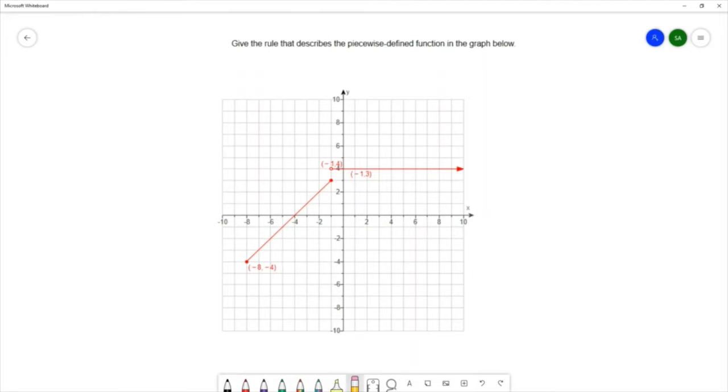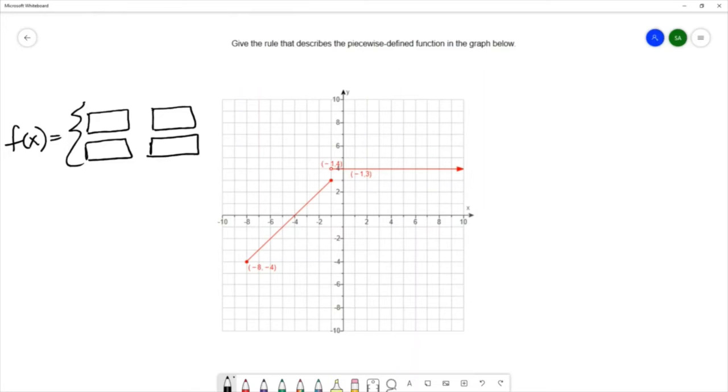Because I have 2 pieces of the graph, I'm going to have 2 equations. So it's going to be f of x equals an equation with some conditions, a second equation with some conditions. So we'll figure out the conditions part first.